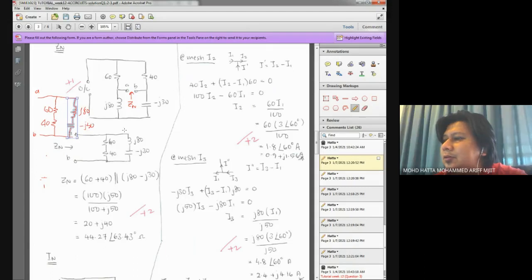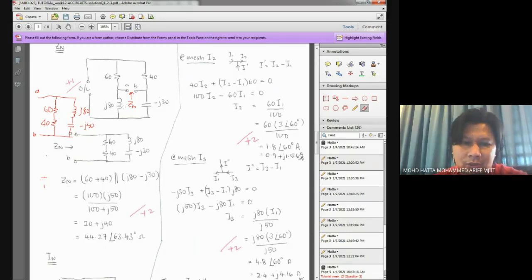These two elements are connected in series, but they are in parallel with the other branch, which is the 60 and 40 ohm resistors. So you need to have a very clear picture of what the connection is in order to get the value of our Norton impedance. So here the Norton impedance comes from this kind of circuit arrangement, and this is the value of our Zn. For this you are entitled to another 2 marks.